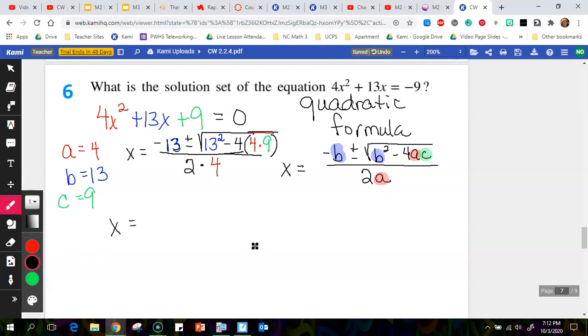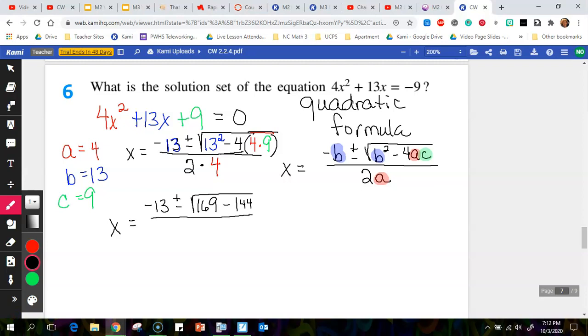x equals negative 13, we still got that, plus or minus. We've got to get what goes under this. 13 squared is 169 minus 4 times 4 times 9, that's 4 times 36. That's 144.